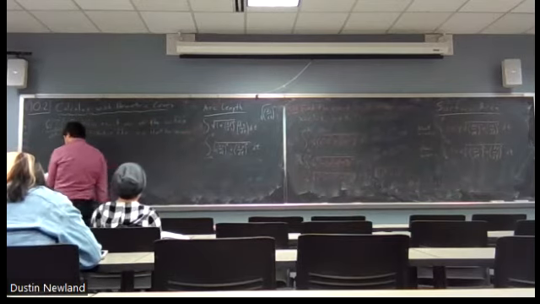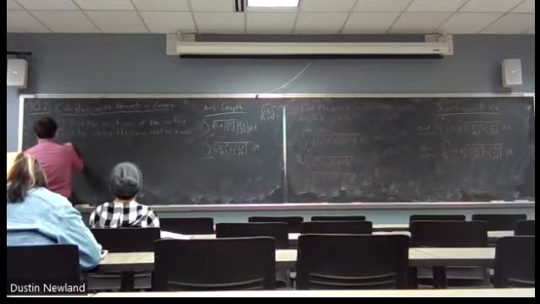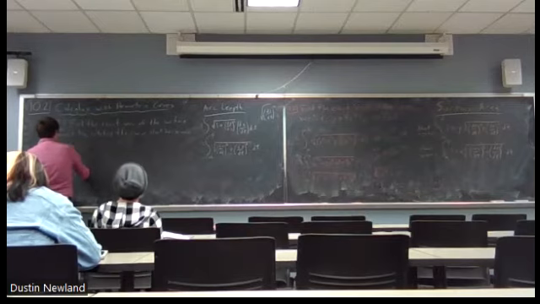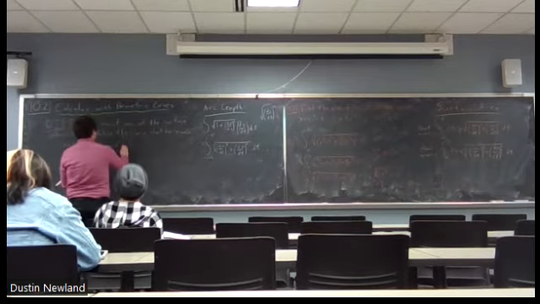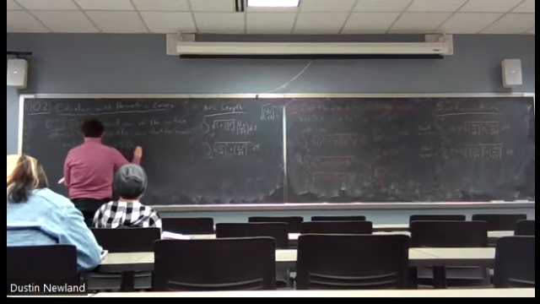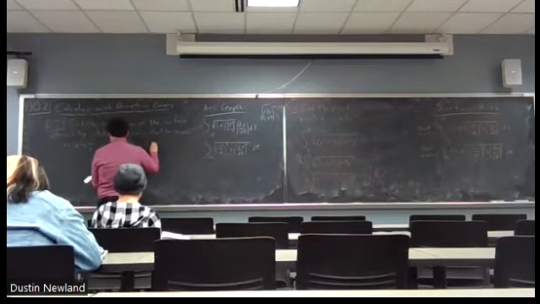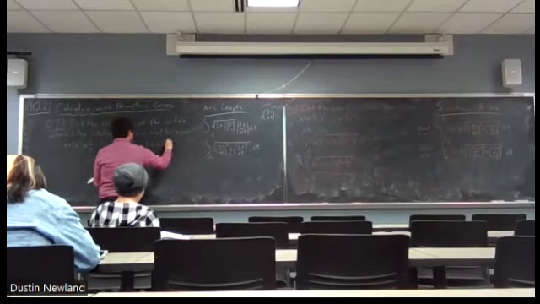And our curve in this case is going to be x equals 2t squared plus 1 over t, y equals 8 times the square root of t, and t is between 1 and 3.